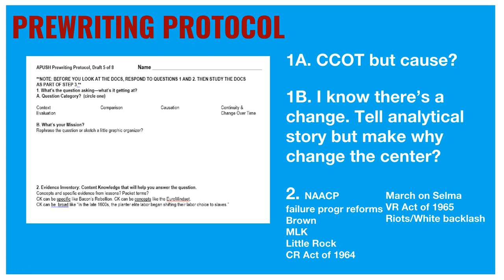I also think about the March on Selma, Alabama, where they were protesting for the right to vote, and that directly led to the Voting Rights Act of '65. I also think about the riots, and there's some white backlash at the end of this period. So I wonder if that's going to come into my question. Let me look at the documents now.